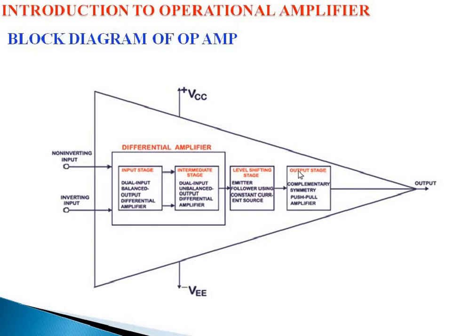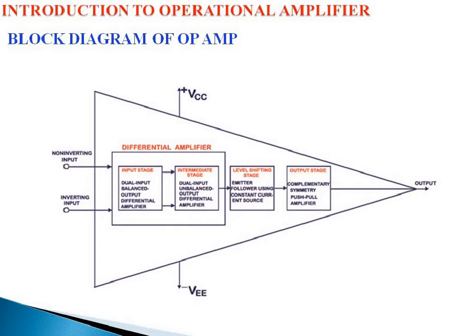So for an op-amp we know that it should have high input impedance and low output impedance. So in the input stage we prefer a circuit which is having high input impedance so that maximum power can be transferred.